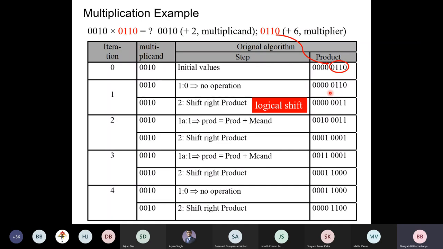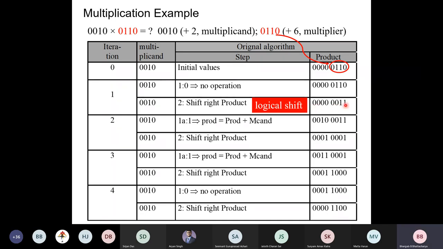It is a logical shift: the rightmost 0 is out, and you fill the leftmost 0 here. Initially there are 4 bits in the multiplier, now 3 bits are left. So the shifting of the multiplier is making room for the product term.